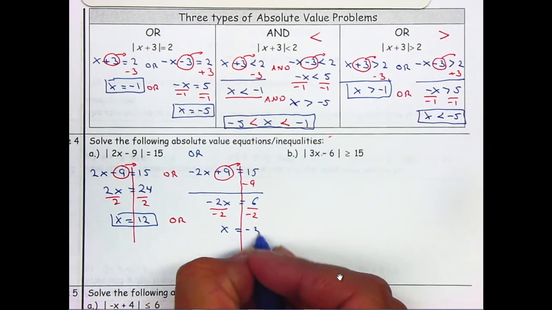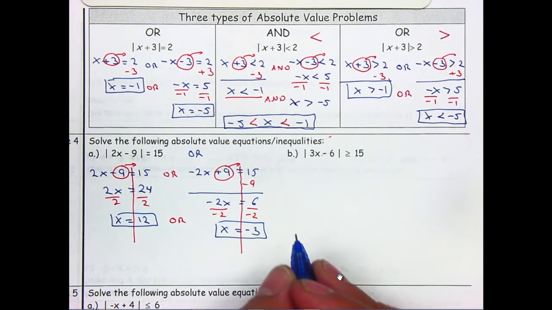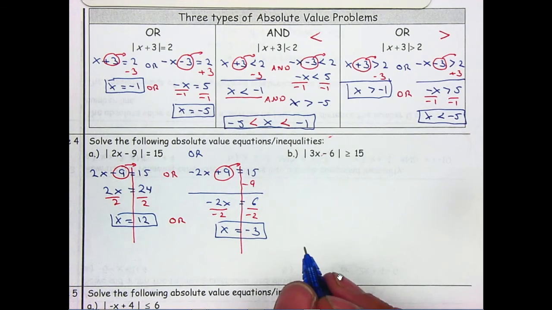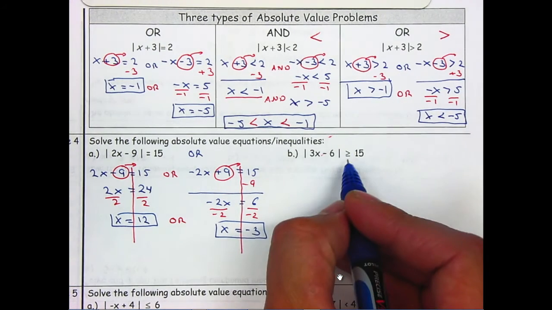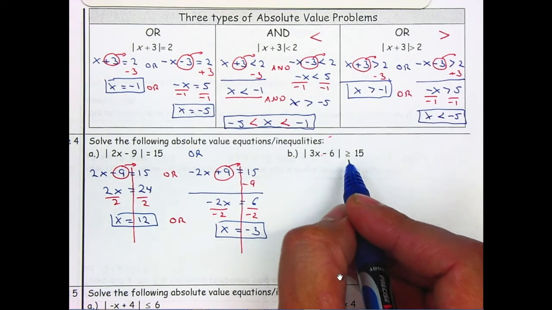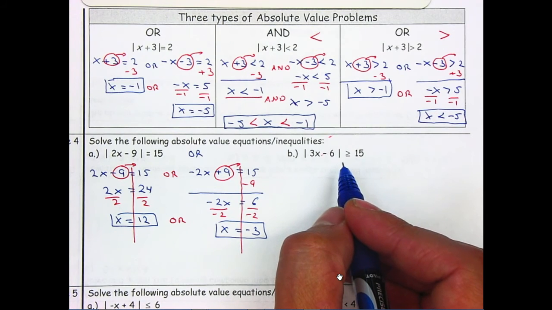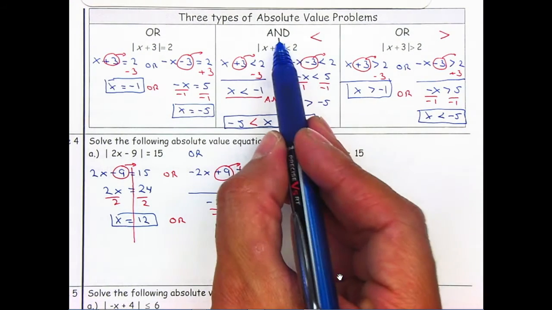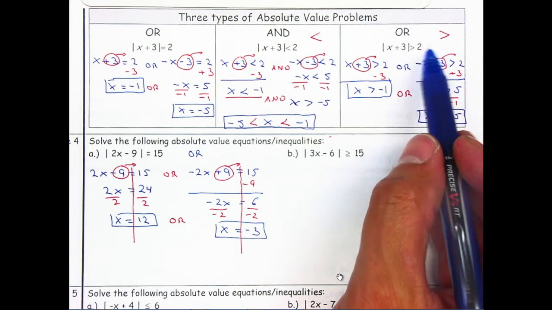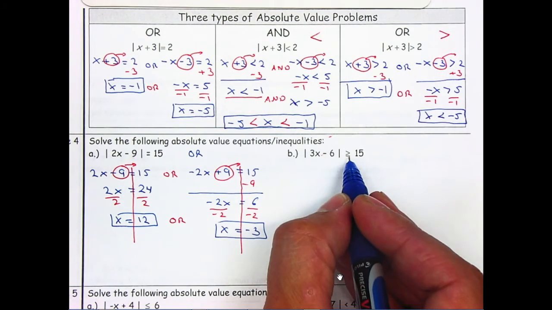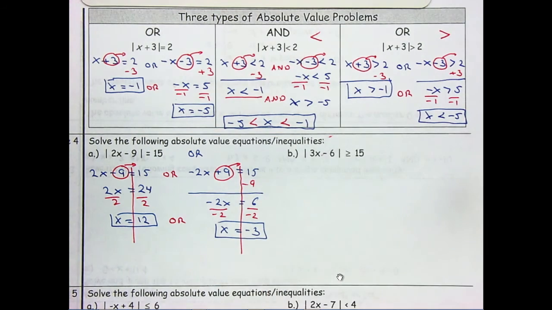X is equal to negative 3. If it's an OR, we don't need to rewrite it. For letter B, I want you guys to think if this is an AND or an OR. Remember, if it's less than, it's an AND. If it's greater than, it's an OR. In this case, this is greater than, so this will be an OR as well.